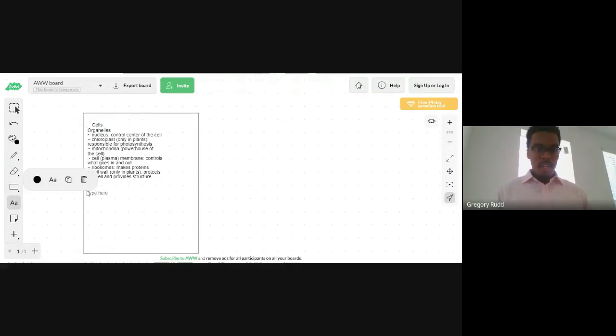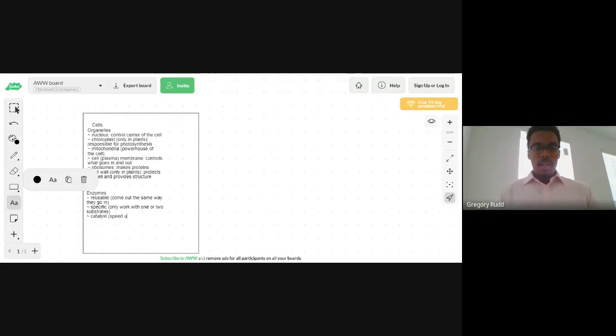Then I might have another section on enzymes. Reusable. They come out the same way they go in. They're specific. Only work with one or two substrates.